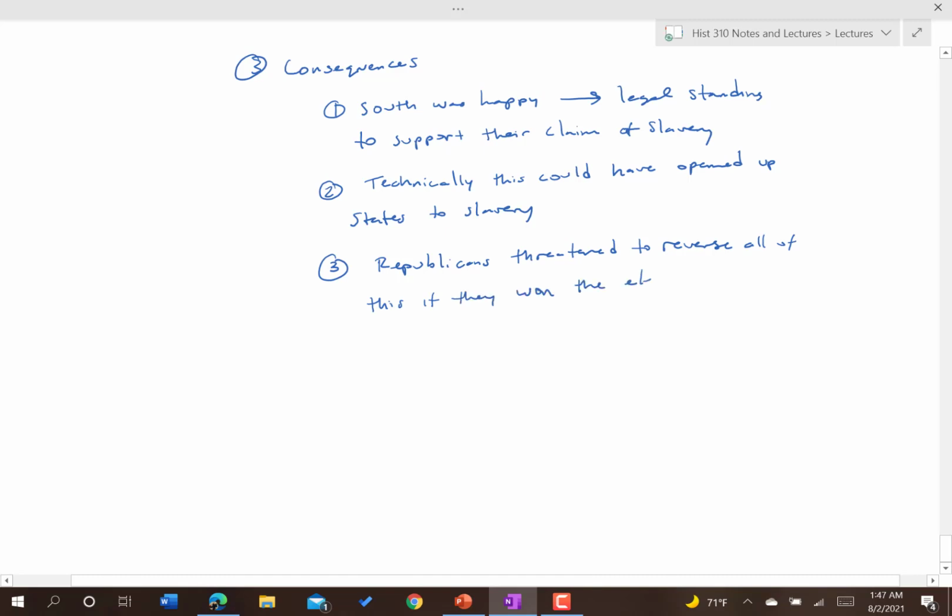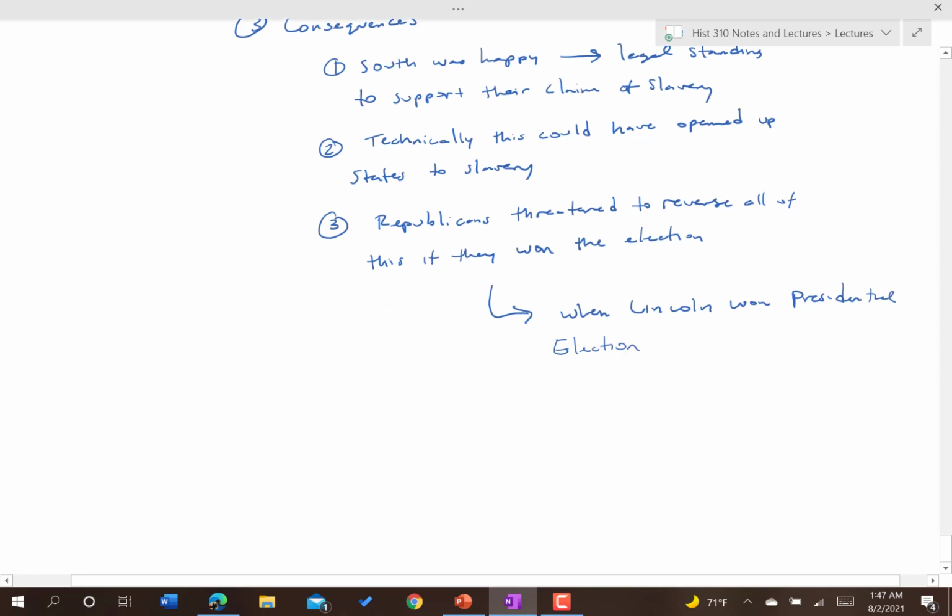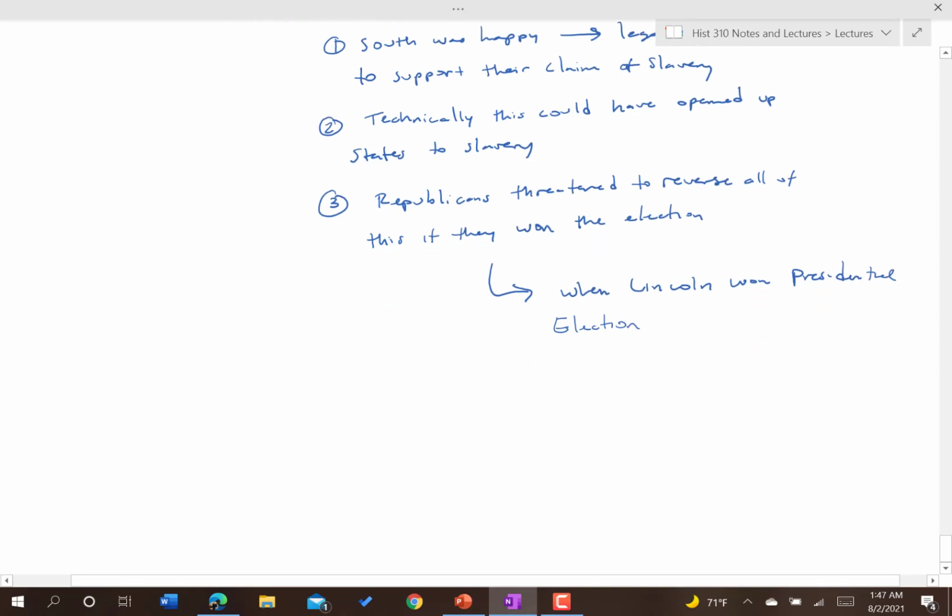So what's not surprising with this is that when Lincoln won the presidential election, right, the South said, uh-oh, because we'll look at his speech with the Lincoln-Douglas debates, right, is that Lincoln kind of made clear that he didn't think that part slave, part free could last. He was not for slavery.